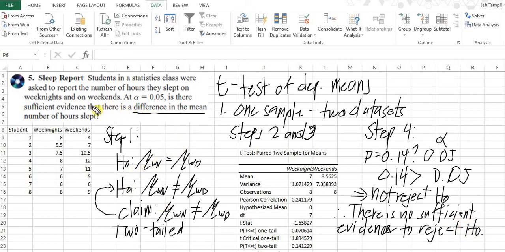Therefore, is there sufficient evidence that there's a difference in the mean number of hours slept? The answer is, we'll just write it here on top, no. So that's how we do hypothesis testing using t-test of dependent means.